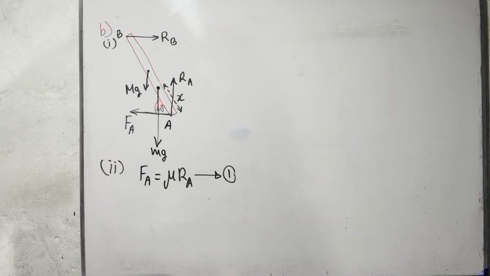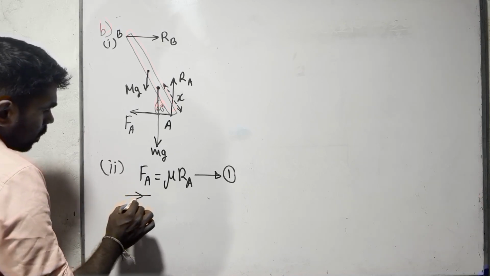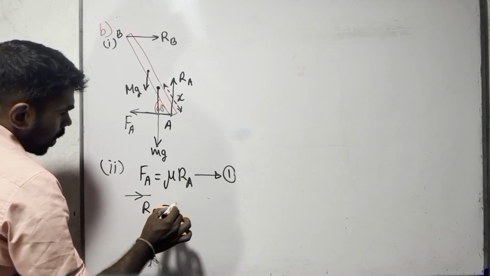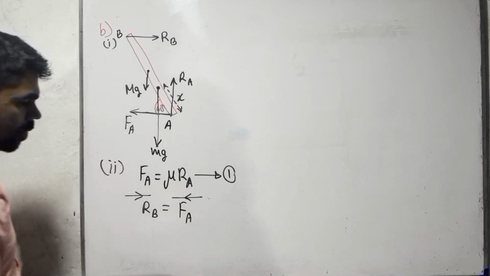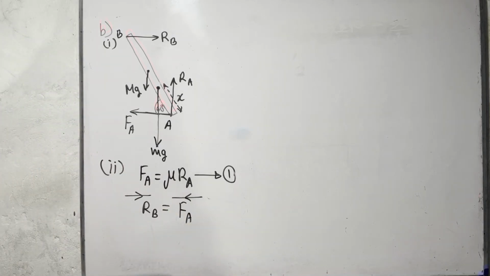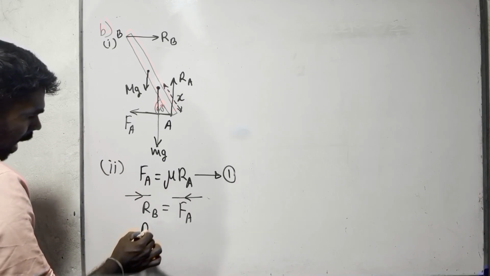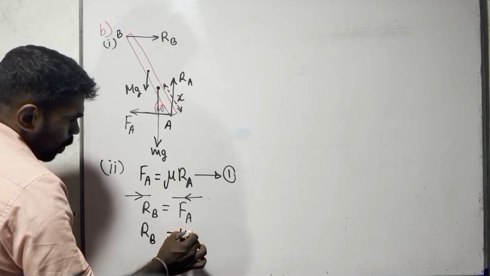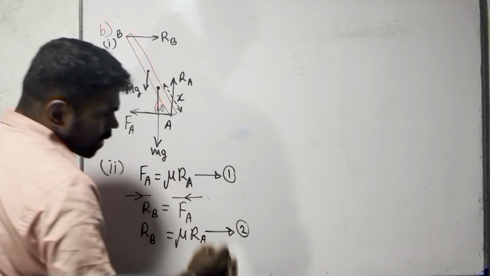Then for the horizontal equilibrium, force in this direction Rb equals the opposite force Fa. And we know that Fa is mu Ra. Therefore Rb equals mu Ra. It is the second equation.